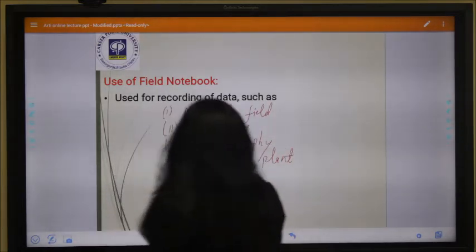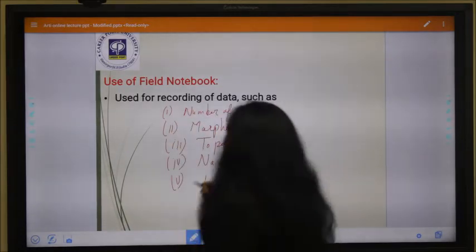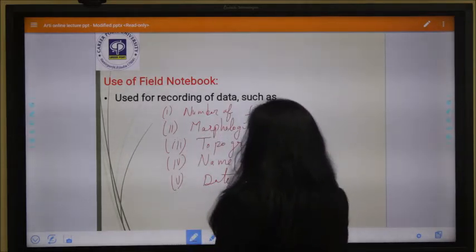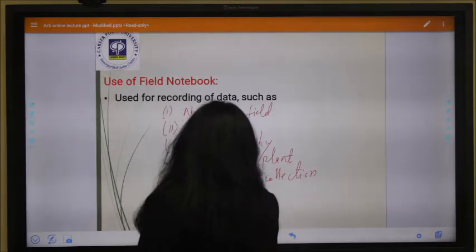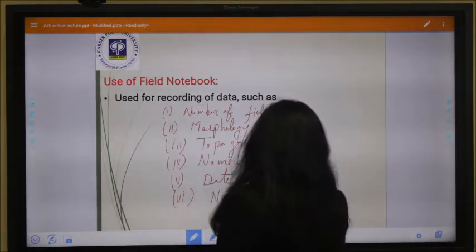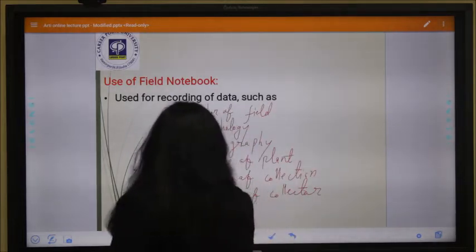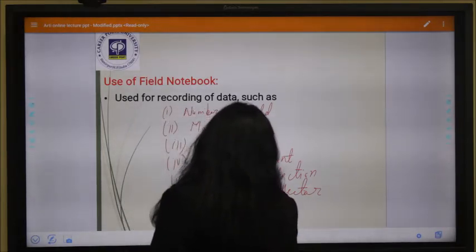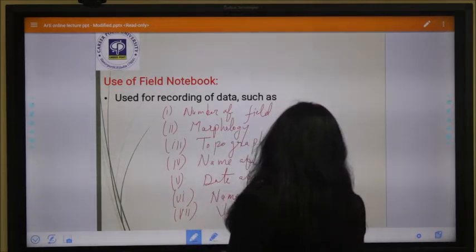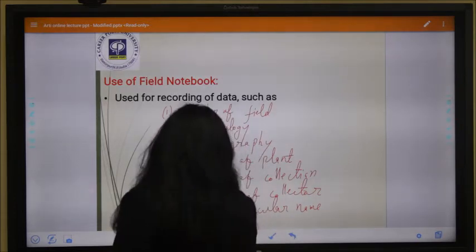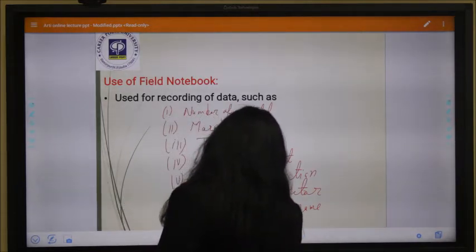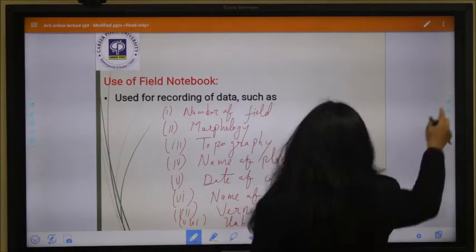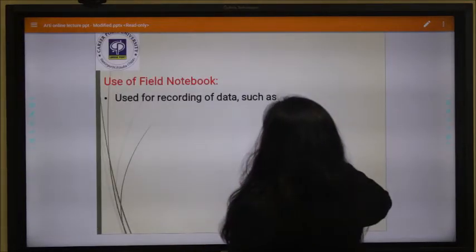Next one is date of collection. Next one is name of collector, and then vernacular name of specimen, and then habitat, and so on. So this is the data which must be recorded at the time of collection of plant specimen.